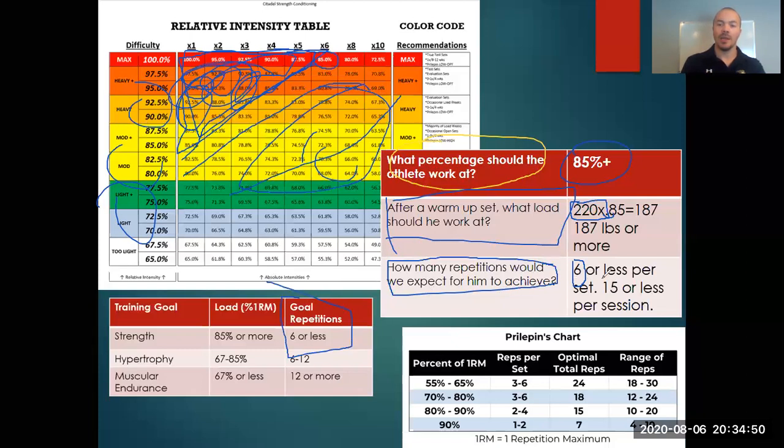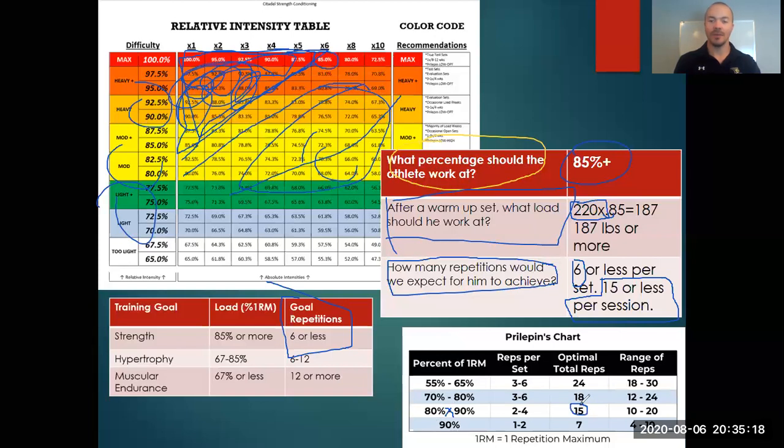And on a given day, if we start utilizing our Prilepin's chart, you're probably going to be looking at around 15 reps or less, because at 85% or more, we're sort of in the middle over here, or even greater in the 90s. Where are we going to be at? Probably our optimal reps in that 80 to 90% is 15.